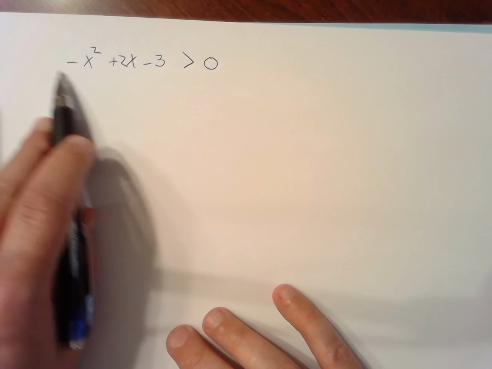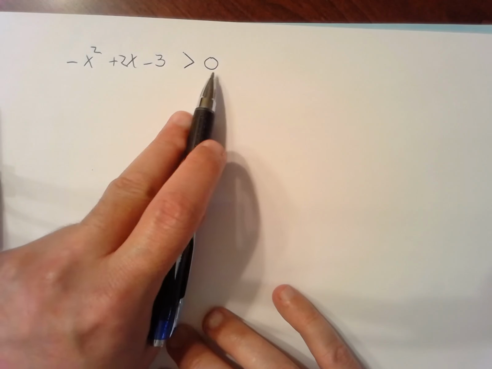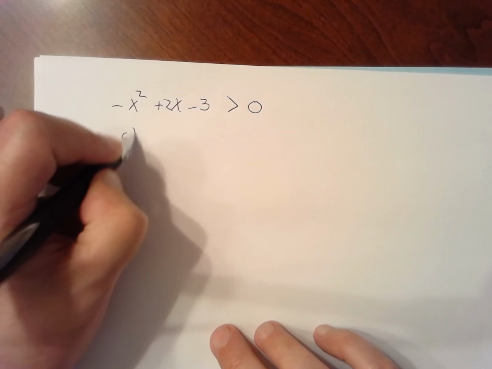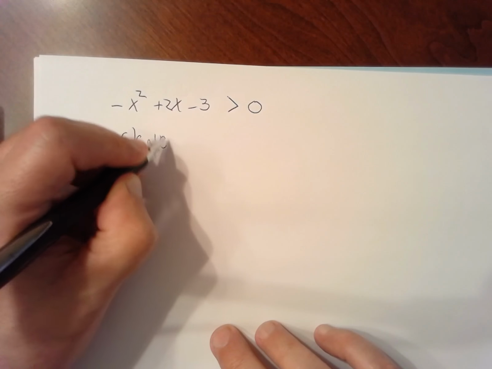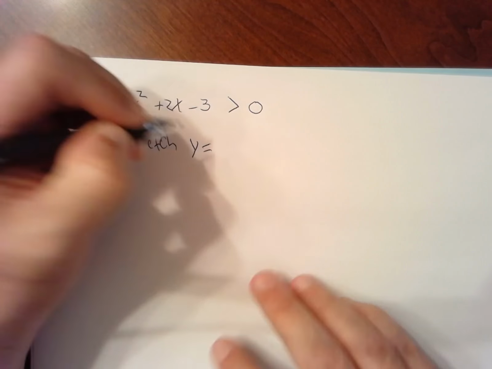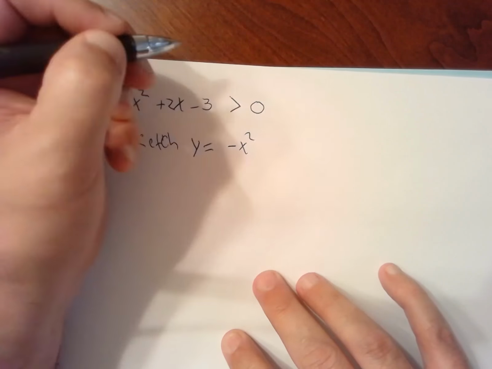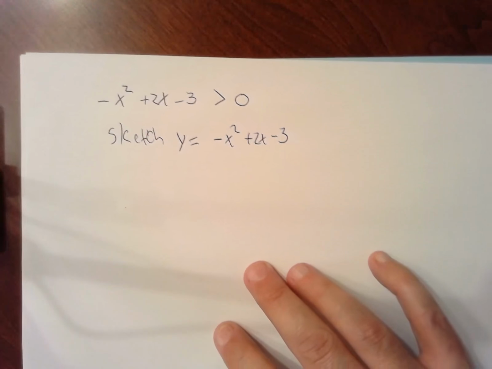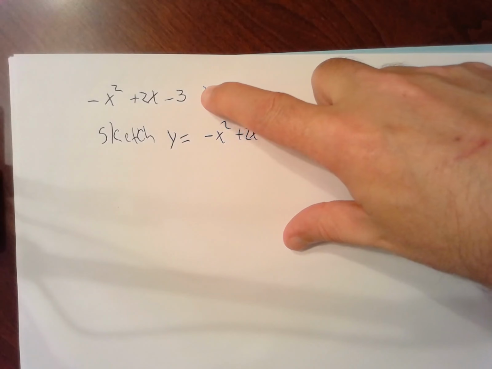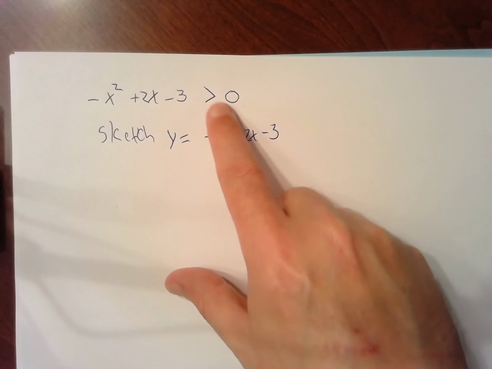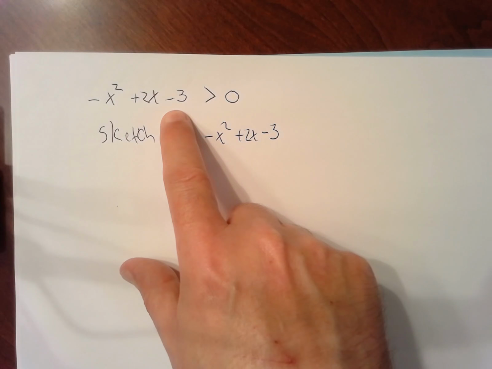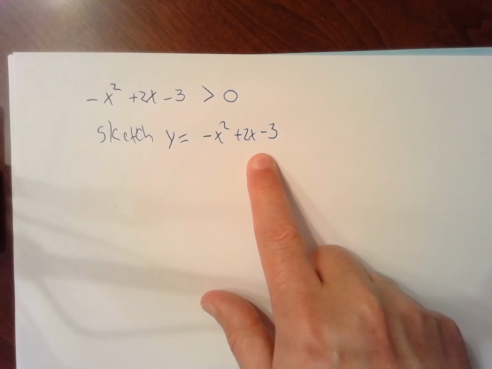You just had this function greater than 0, and you said, okay, so let's sketch y equals negative x squared plus 2x minus 3. Forget about the greater thans, the less thans. As long as you have a 0 on one side, call this side y and graph that, whatever you get.